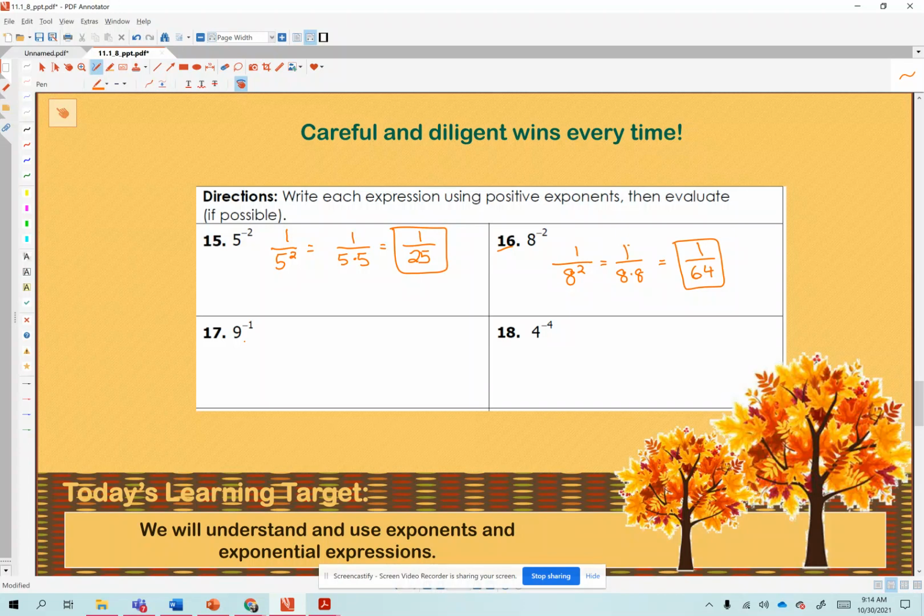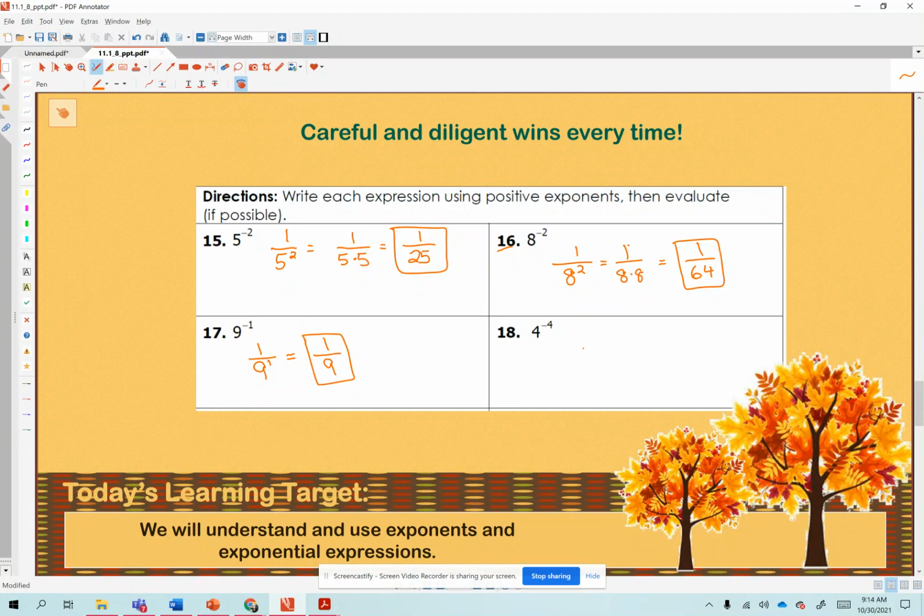And number 17, we'll rewrite that as 1 over 9 to the first power, and anything to the first power equals itself. So our final answer is 1 over 9.